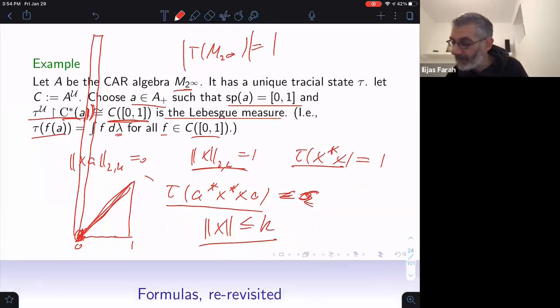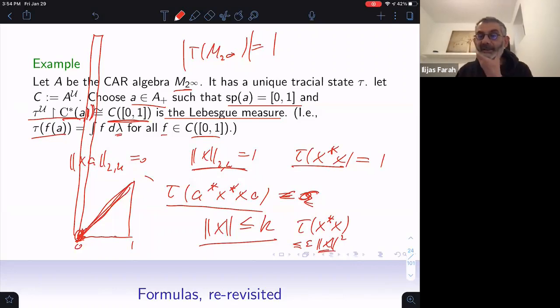Because if the norm of x is less than or equal to k, then tau of x* x is less than or equal to epsilon times the operator norm of x squared.